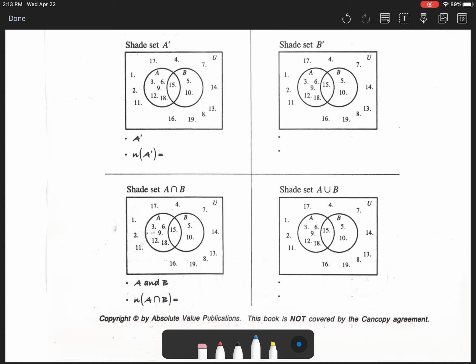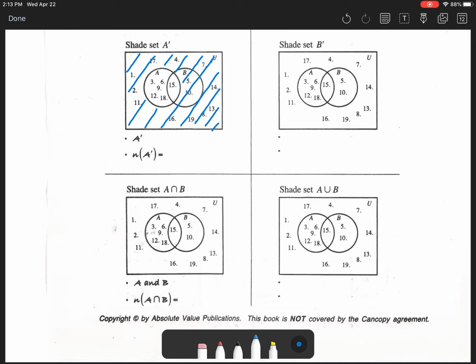All right, shade set not A, or the complement of A, is what they are looking for in this one. So again, we just did what A was right above that question. So the complement of A is everything except A. So again, I want to shade everything except those values that are inside of A. So I'm going to shade everything except what is inside circle A, like so.